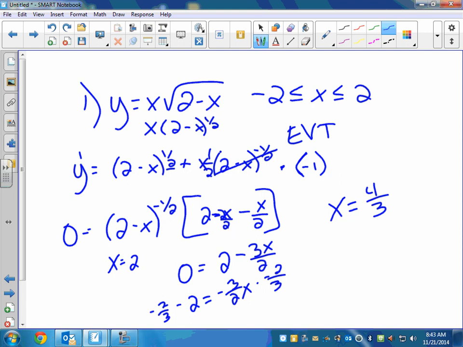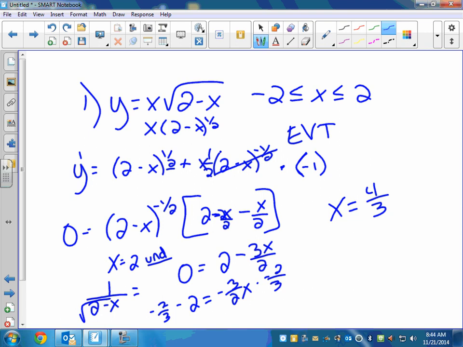But isn't critical points where it equals 0 and where it's undefined? Yes. This is what I would have, right? But I have to say, where is that undefined? It never equals 0, but I have to say that it's undefined there because critical points are where it equals 0 or where it's undefined.